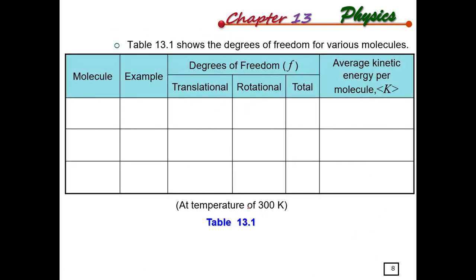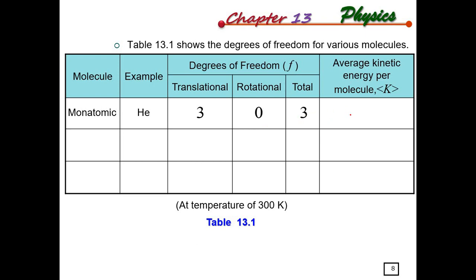Now this table shows the degrees of freedom for various molecules at the temperature of 300 Kelvin. For the monoatomic, for example helium, the degrees of freedom for translational is 3, rotational is 0. So the total is 3.